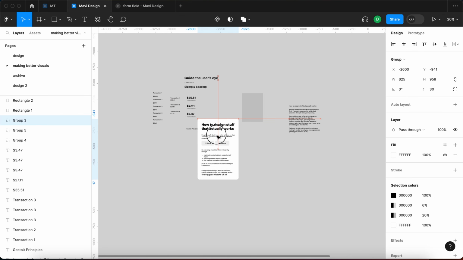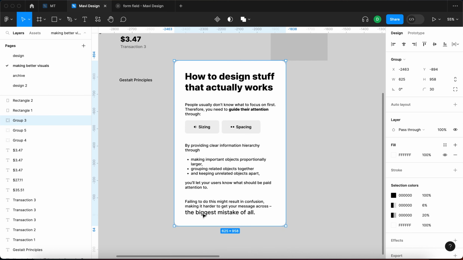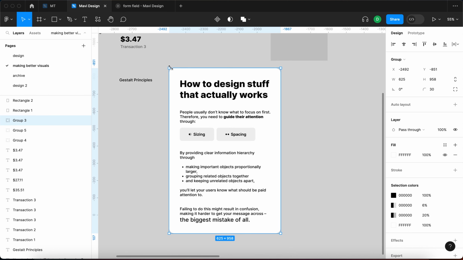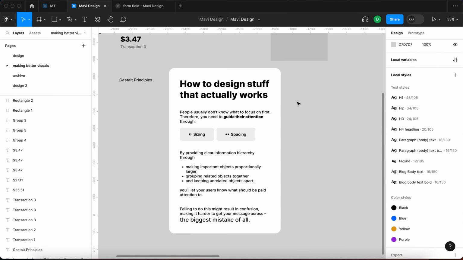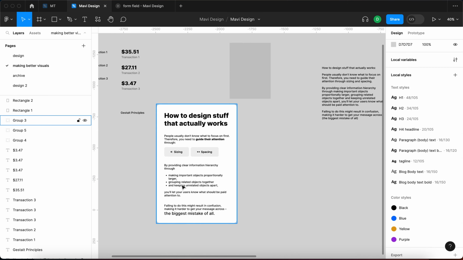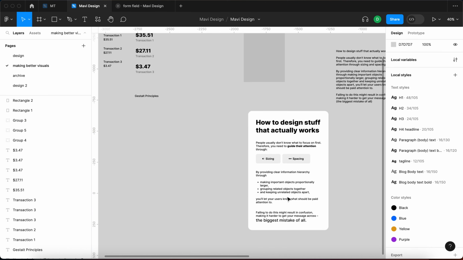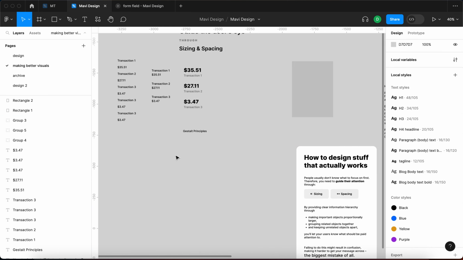You also get the law of common region, where, for example, it is proven that people perceive objects that share a region like this, a background, as belonging together, which is correct. In this case, that's exactly correct.